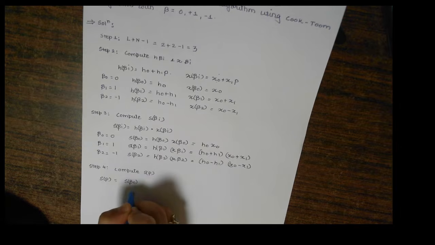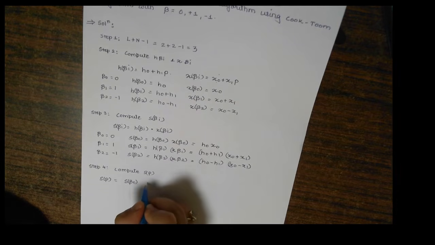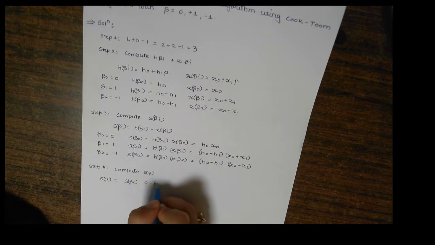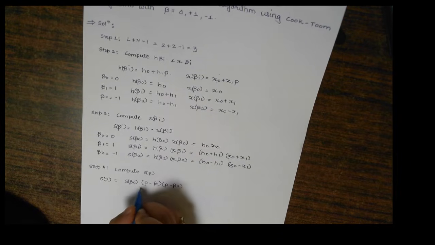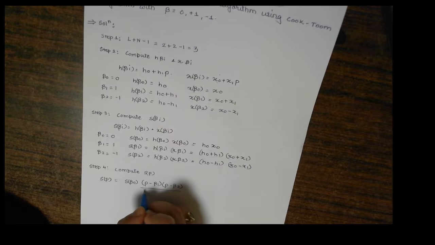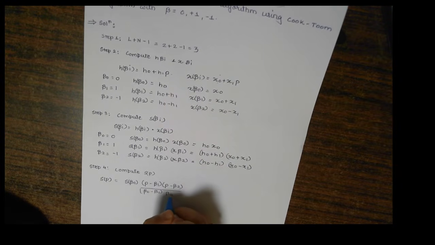Remember, this S beta 0 is constant. We do not substitute the value of beta 0 here. Then we need to have p minus beta 1, because we have skipped beta 0, and p minus beta 2, divided by beta 0 minus beta 1 and beta 0 minus beta 2.